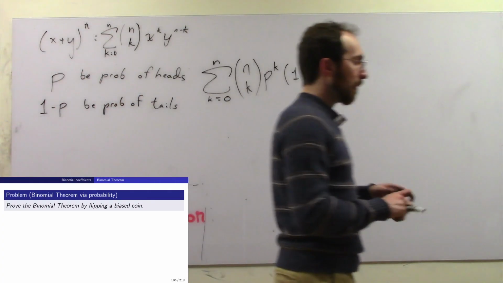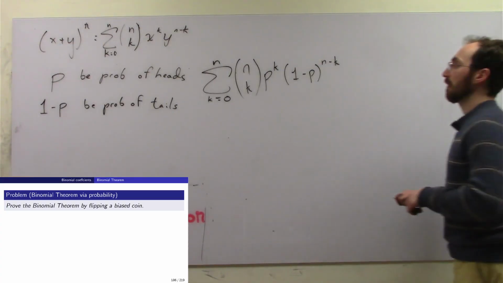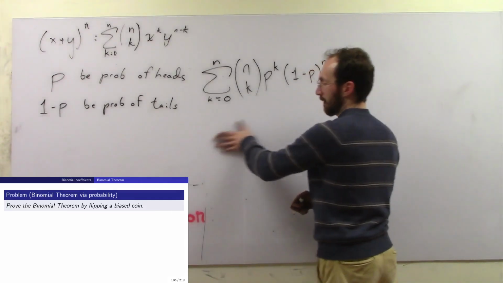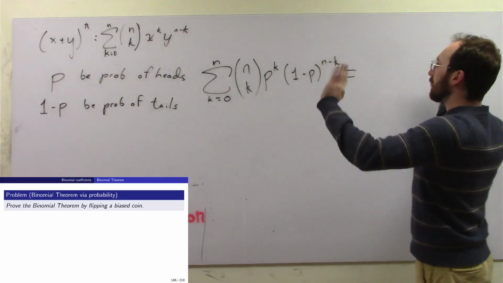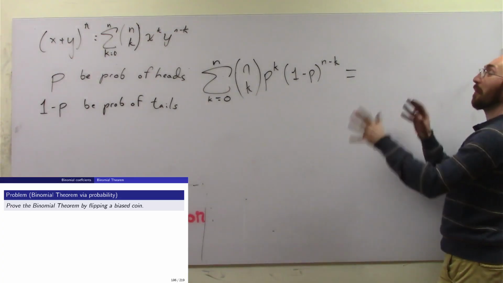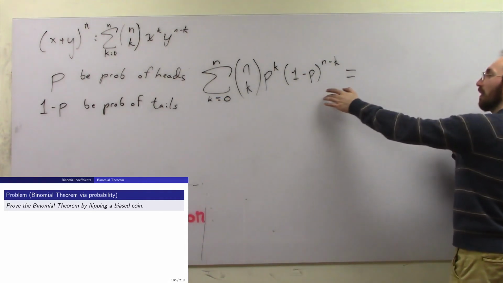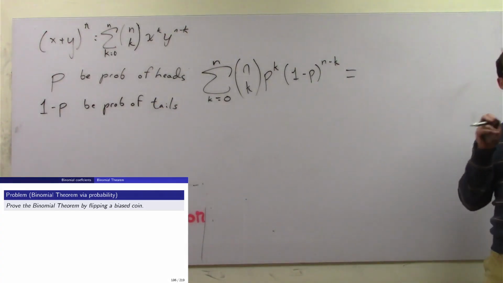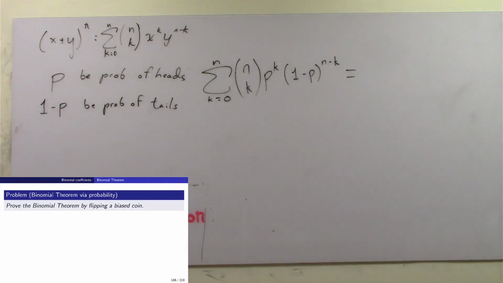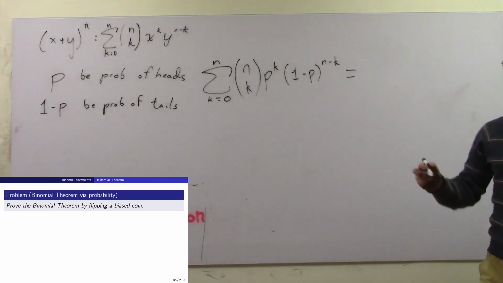What's nice about that is with probability, and I'm just going to wave my hands here, in a mathematical sense this is telling us all of the possible ways that this event can happen. So we can think about this as, what's the probability of anything happening?